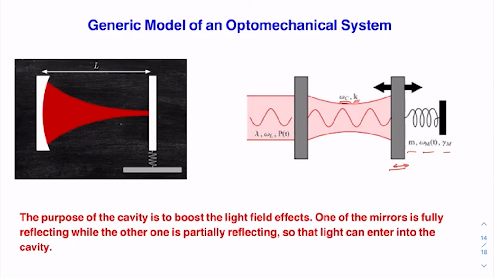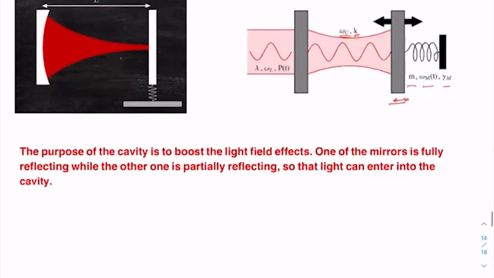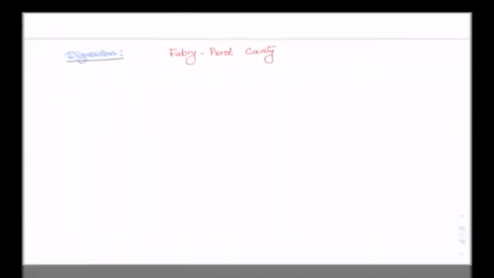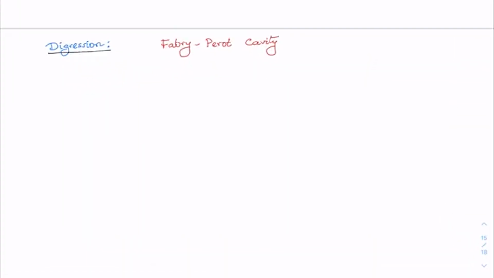As you can see from this diagram, the system is primarily a kind of Fabry-Perot cavity, and it may be useful to digress a bit and discuss the Fabry-Perot cavity in some detail. So let us discuss the Fabry-Perot cavity now. We'll start with the simplest case of a planar cavity of length, say L.